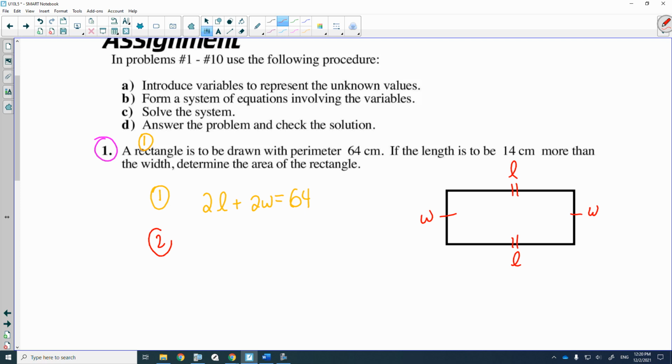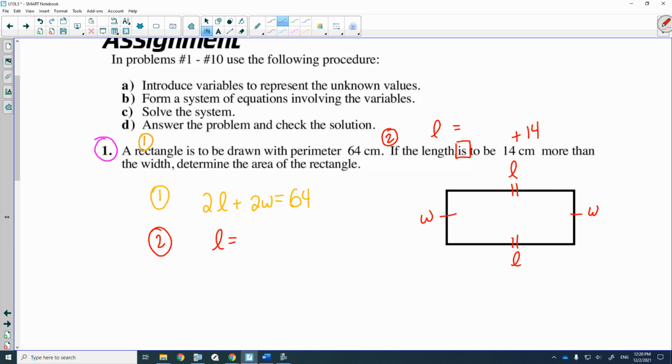The second system would be here. The length is, so here's your equals, and length is L. So it's going to be L is equal to 14 more than the width. So 14 more is plus 14.